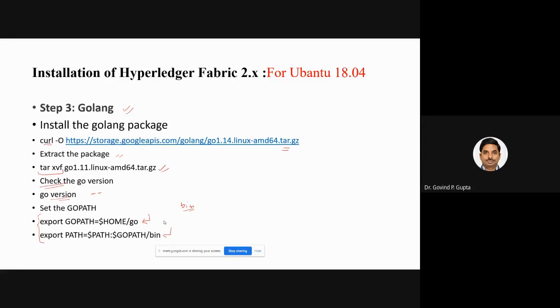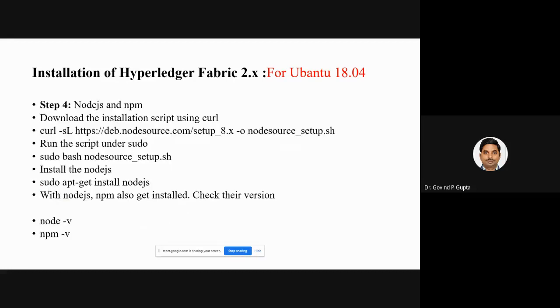Okay, so after that you have to install Node.js and npm software. In order to install Node.js, again we use the curl command and give the URL of your Node.js. After downloading this, you get a script file with extension .sh.